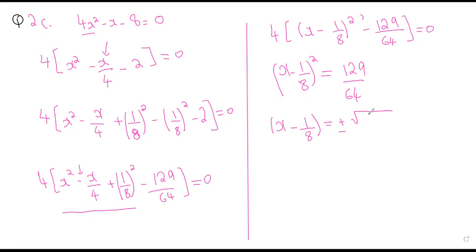Yeah. So that would give you root 129 by 8. Now I need to take this 1 by 8 to the other side. So it would be x equals 1 by 8 plus minus root 129 over 8. This is going to be the answer, right?